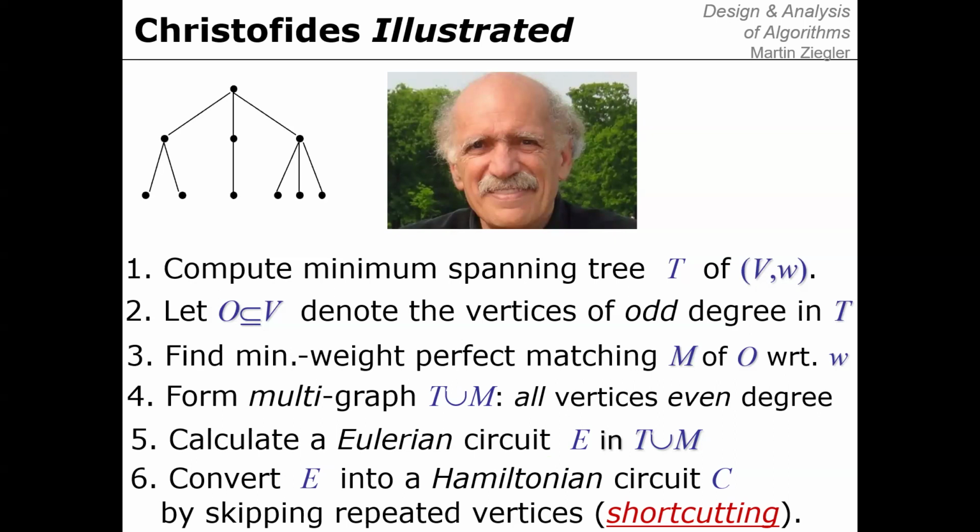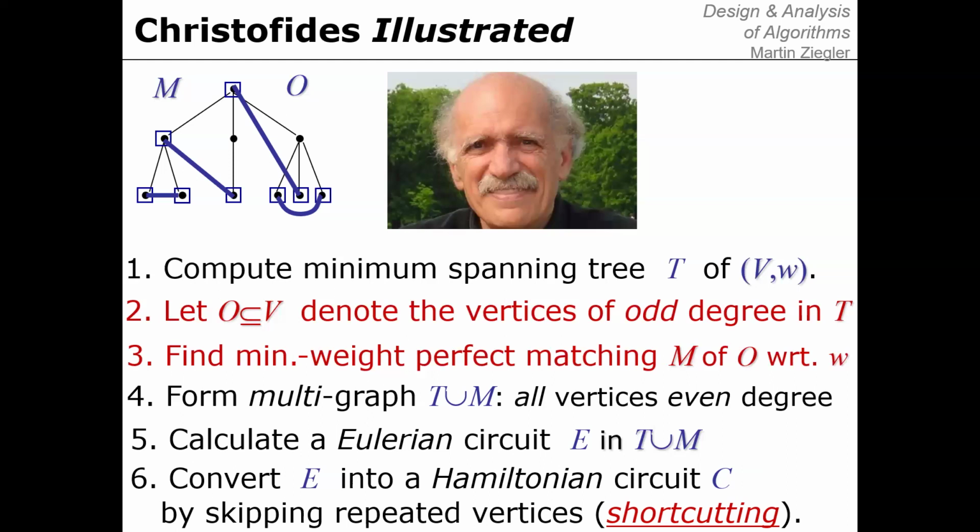And the idea is, we take this minimum spanning tree, we identify the vertices of odd degree, and then we add a minimum weight perfect matching among these vertices of odd degree. Again, the question arises, why does there even exist a perfect matching?